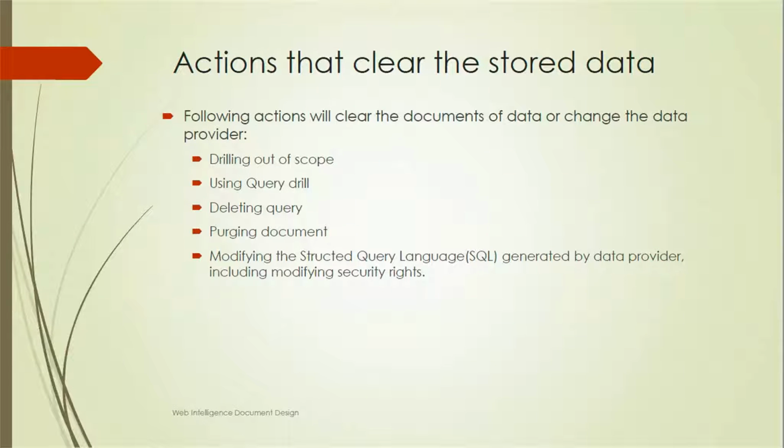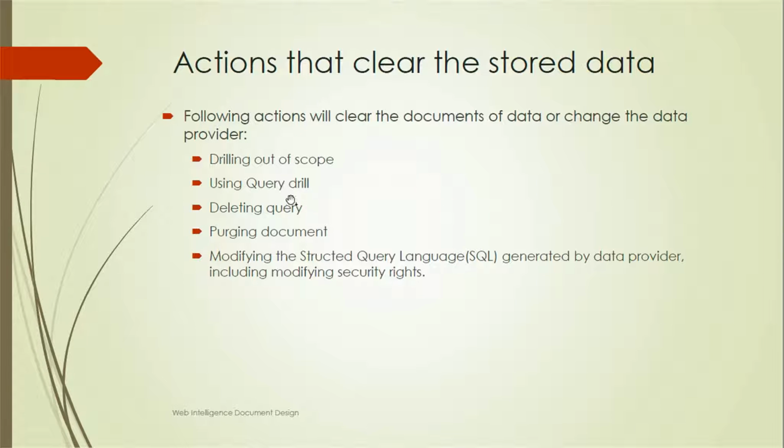So while using data tracking, what actions will clear the stored data? As data tracking is activated, two macro cubes are holding the data. Which actions can clear it? The first is drilling out of scope. Using query drill is also a technique that will clear this data.